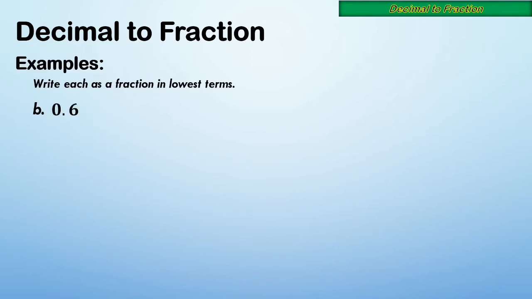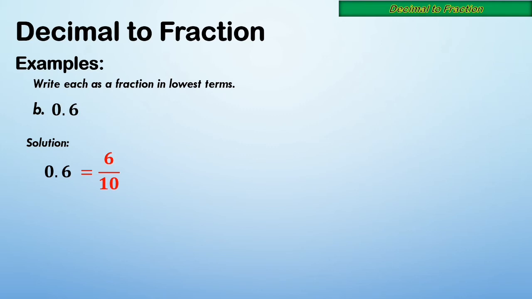Another example tayo. Example number 2, or letter B. 0.6. Change this decimal form into fraction form. Remember, tandaan always ano yung place value ni 6. 10. That is good. Therefore, 6/10. Okay.